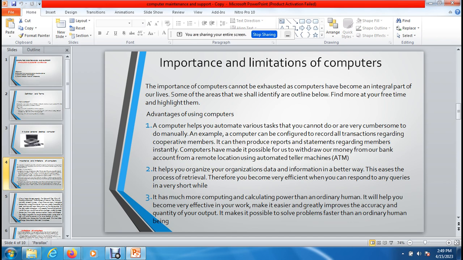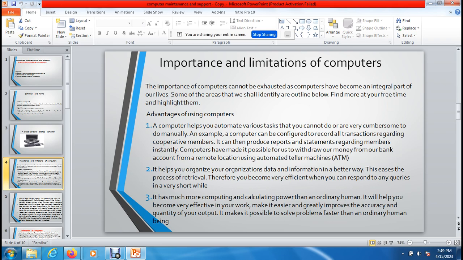So here, let us take a scenario comparing a human being with a computer. When solving mathematical problems, cosines, sines, tangents, those which you learned in your statistics, you can see that a computer is more powerful.